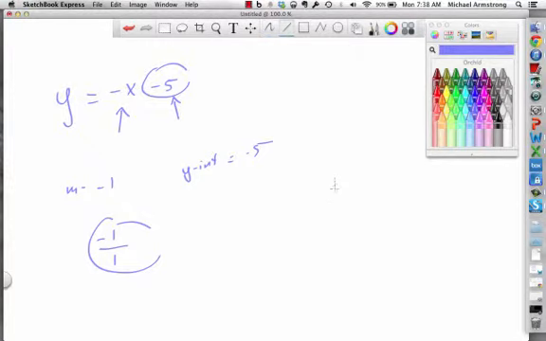So again, plotting our points quickly on a graph, y-intercept is negative 5, which is down here. That is where it crosses the y-axis, negative 5. And then our slope is negative 1 over 1. So we would go down 1 over 1. Or we could use positive 1, negative 1.